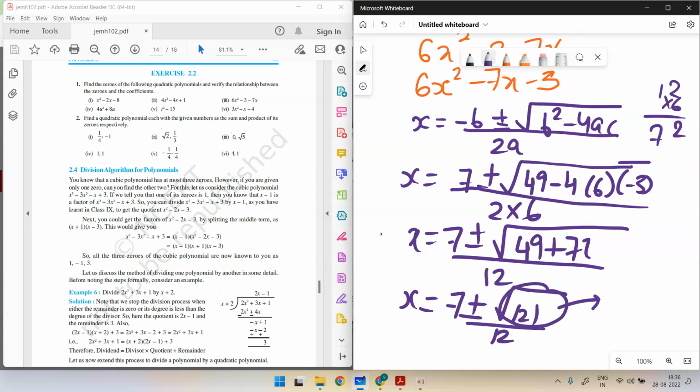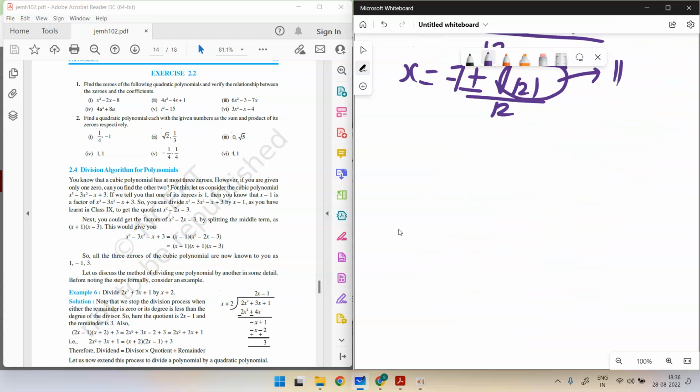Under root 121 will be 11. So this will give you the value of x as 7 plus or minus 11 by 12.